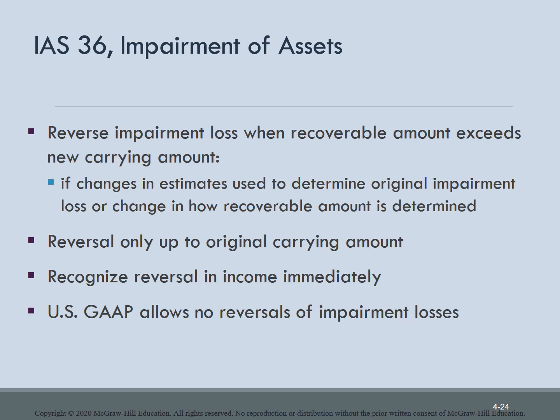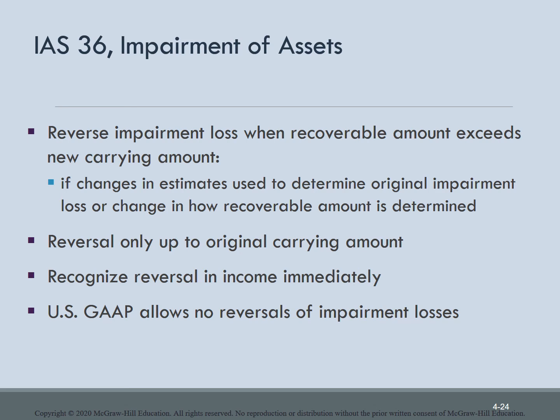So you can reverse an impairment loss when the recoverable amount exceeds the new carrying value, if there are changes in estimates used to determine the original impairment loss or change in how the recoverable amount is determined. All right, so you can only reverse it up to the carrying amount. You're going to recognize the reversal in income immediately. US GAAP does not allow for reversals of impairment losses.